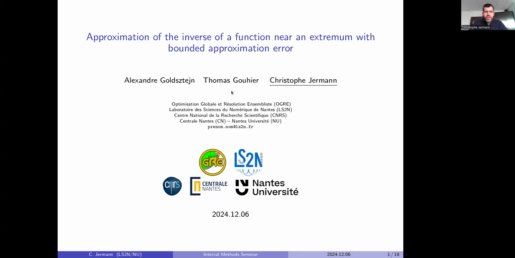This research was performed with two colleagues, Alexandre Goldstein and Thomas Gouillet, who are also working in the same research team, OGRE, in our lab, LS2N, where we develop essentially global optimization and interval-based solving methods. And so, as you said, my talk will be about approximating the inverse of a function near an extremum, with guaranteed bounds on the error of approximation.